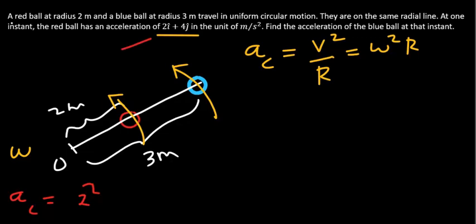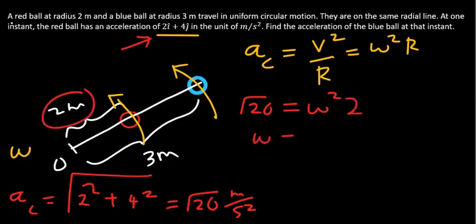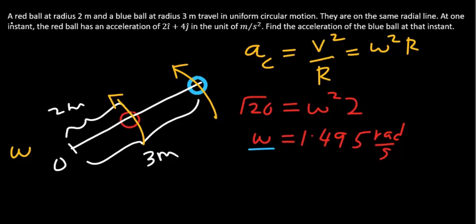It is from that expression, square root of 2 squared plus 4 squared, which is square root 20 meter per second squared. Substituting that information in this expression, we get square root 20 equals omega squared times the radius of the trajectory. For the red ball, the radius is 2 meters. So we can determine omega, and it turns out to be 1.495 radian per second.